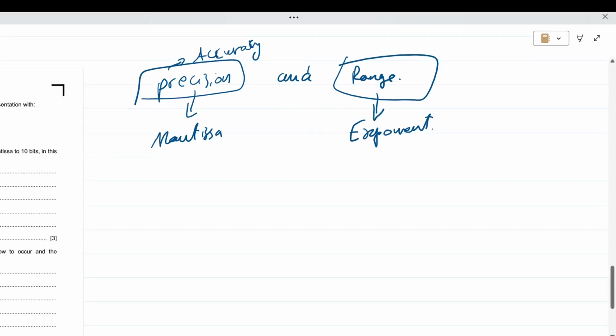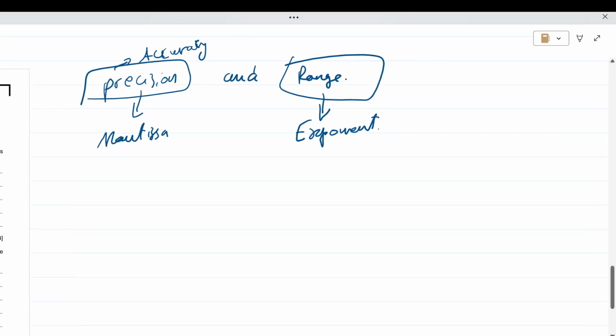Let me say it again. When the number of bits being used to store the mantissa increases, then the precision of the number being stored is also going to increase. Obviously, if the bits you use to store the mantissa are fewer, then the precision is going to be reduced as well.